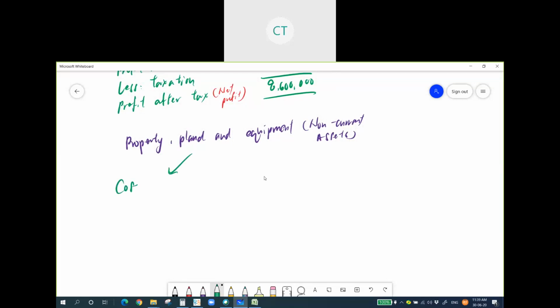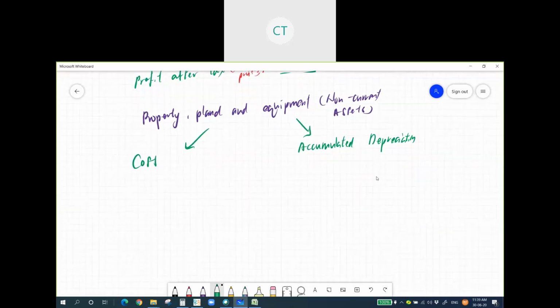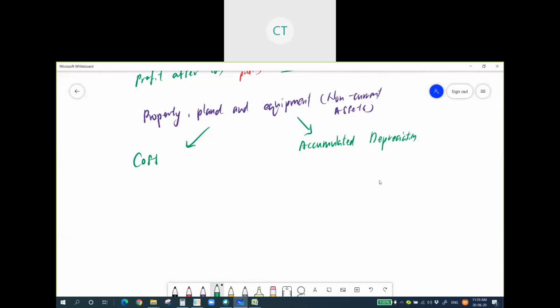One is cost, one is accumulated depreciation account. In these two accounts, we can identify useful information such as the amount that you spend in purchasing the new asset or how much you get from the sale of the asset. Similarly, you can also get the depreciation amount from the accumulated depreciation account.